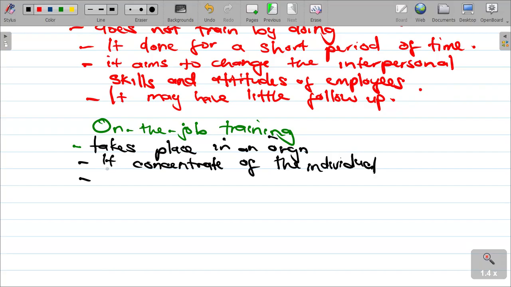And it is concentrated on the actual work situation.